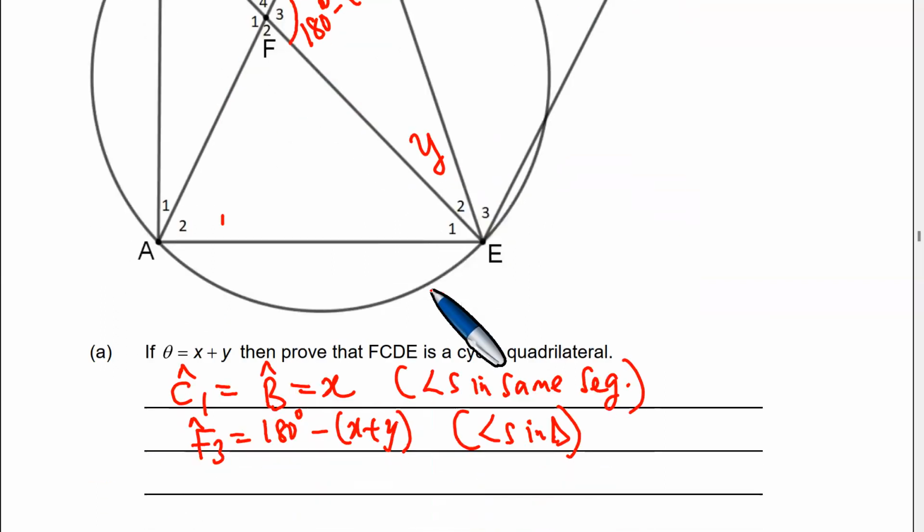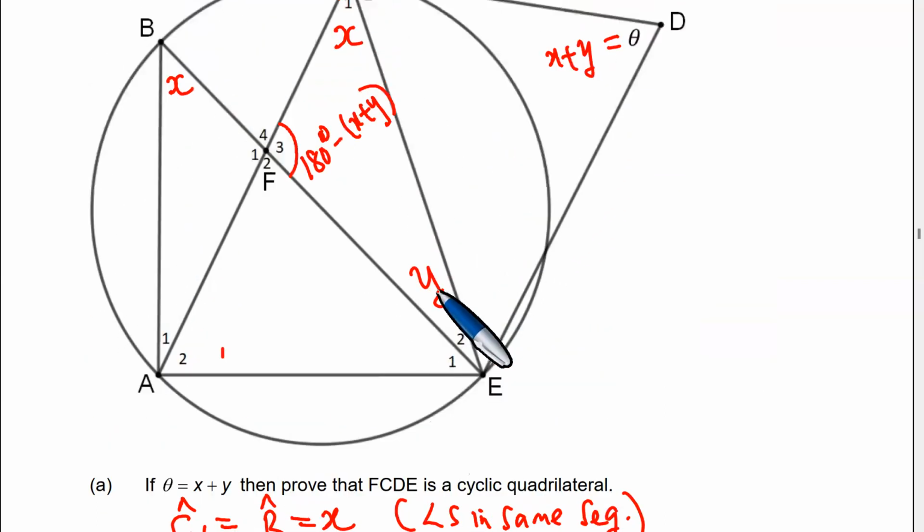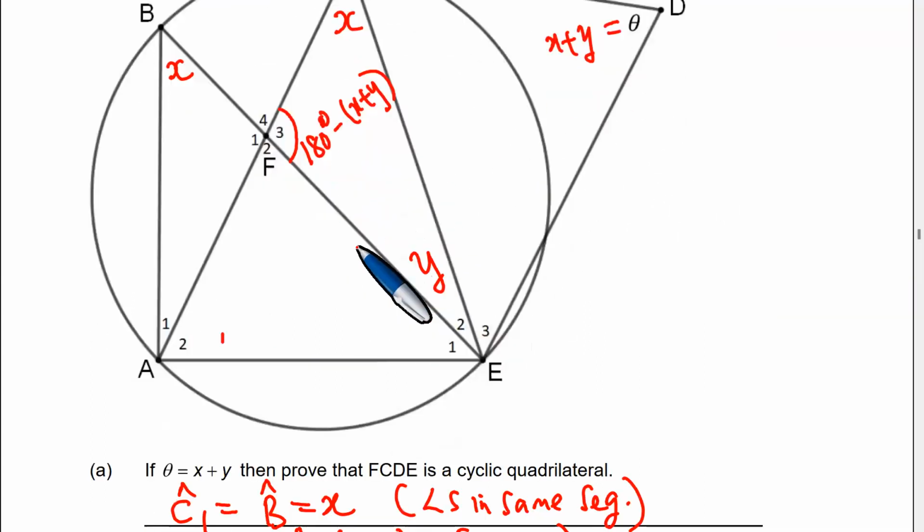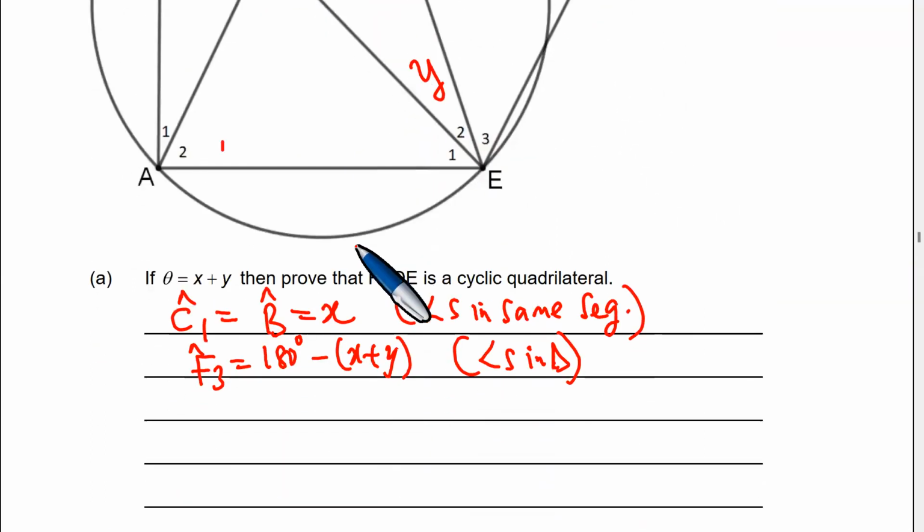So what do we then say? Then we need to find the size of the angle D. We already know D, but we need to use the sum of these two.